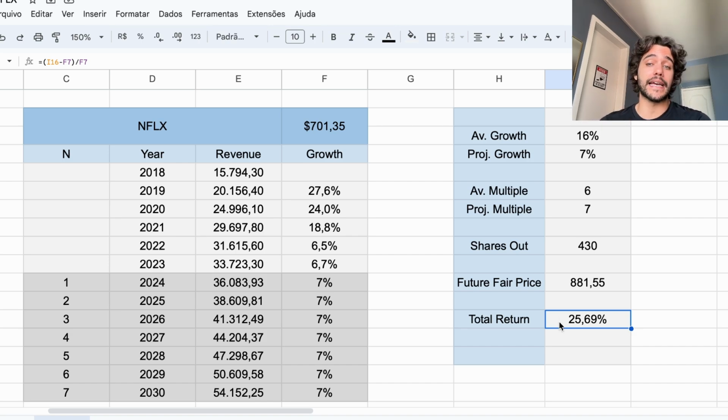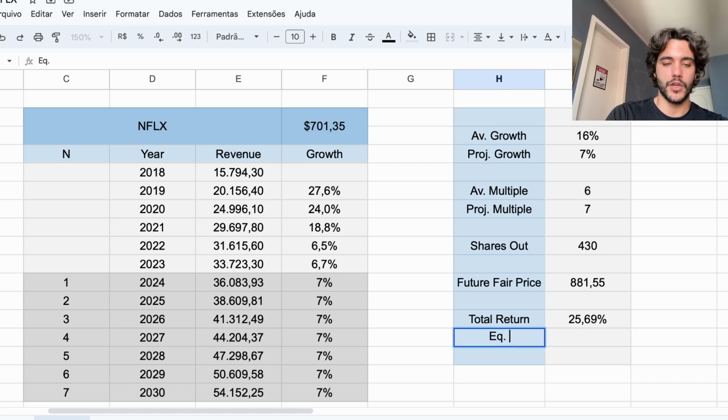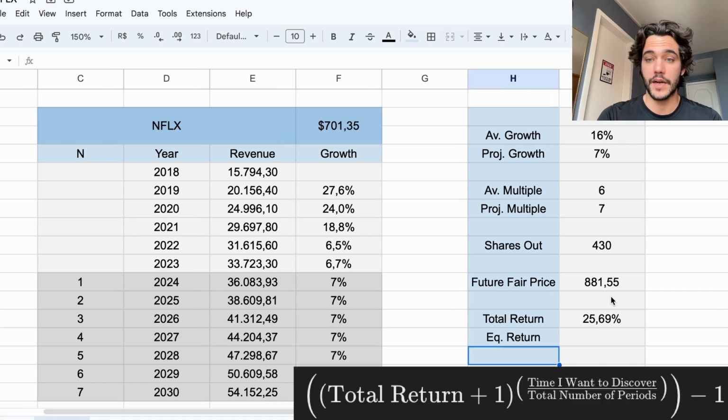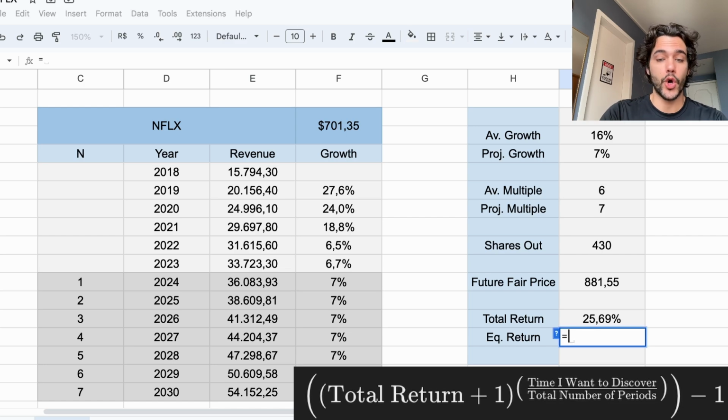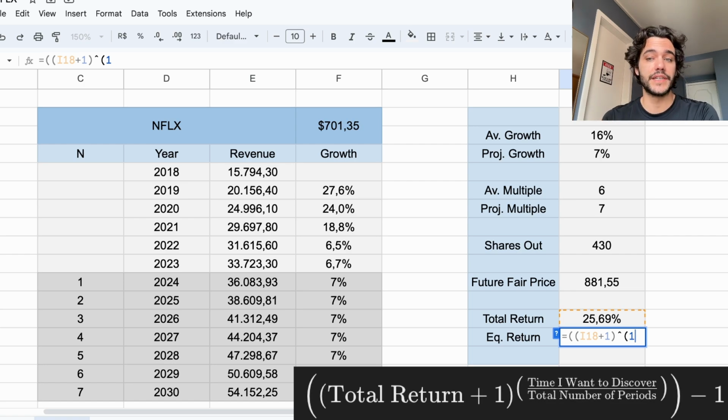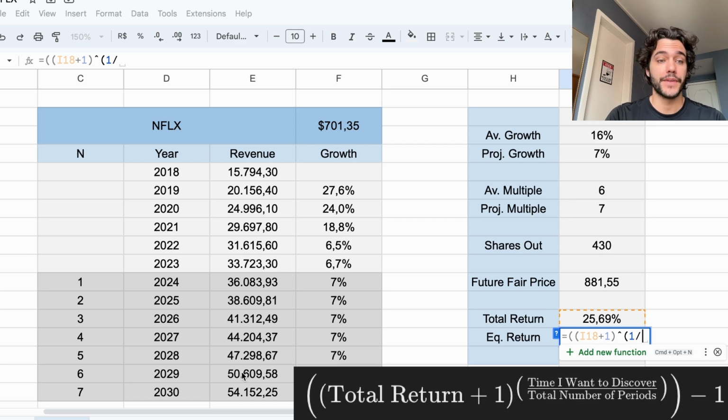Now, to better understand this rate of return, we need to find out how much it represents per year. So let's write equivalent return. And now let's type equal, open parenthesis, our total return plus 1, close parenthesis, raised to, open parenthesis again, 1, because we want to know our yearly return, the return of only 1 year, over our total number of years.